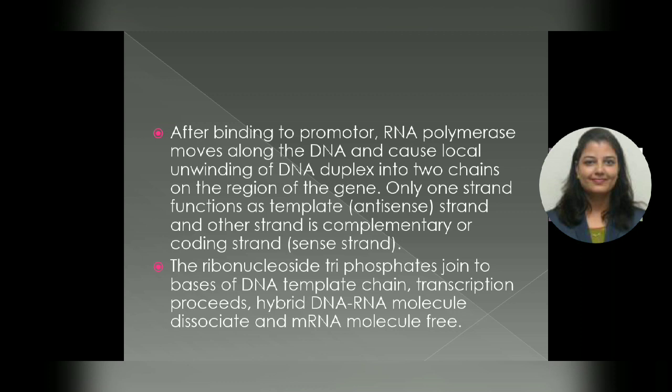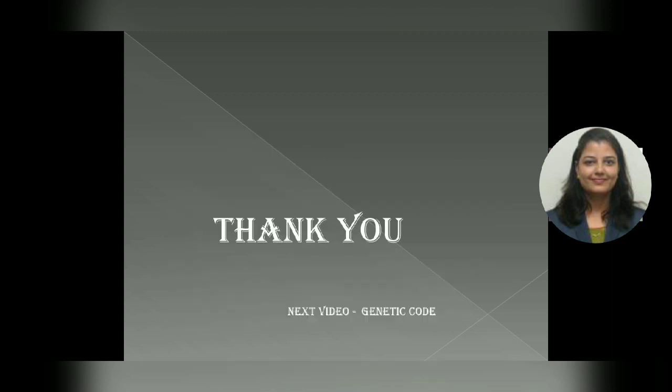The ribonucleoside triphosphate joins to the base of the DNA template chain and transcription proceeds, the hybrid DNA-RNA molecule dissociates and the mRNA molecule becomes free. This is how the process of transcription happens, where DNA forms mRNA.